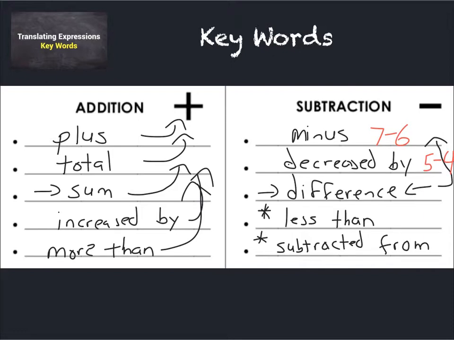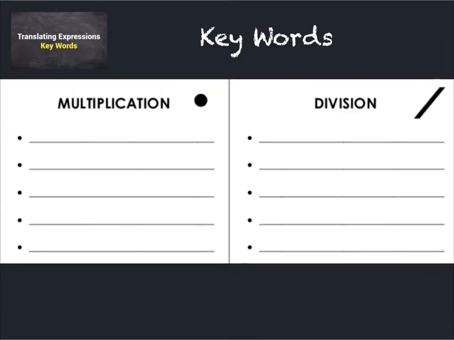Whereas with less than, if we have a word problem that says 6 less than 7, we're actually taking the 6 from the 7. 6 less than 7 would be 7 minus 6. So it's kind of like subtraction in reverse. We're going to reverse the order of the numbers, and we're going to get to that when we get to our turnaround phrases in just a moment.